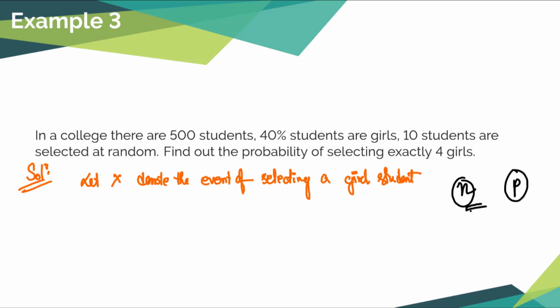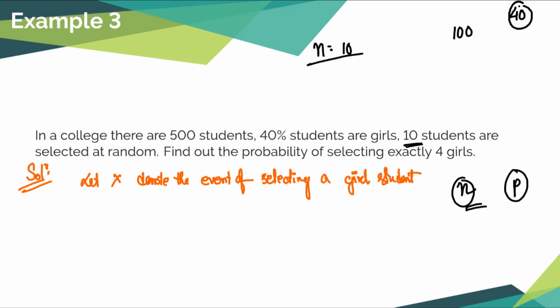Now the number of repetitions is given: 10 students are selected at random. So you have selected 10 students, so the number of repetitions will be 10. n is equal to 10 in this example. The only thing that we don't know right now is the probability of success, or the probability of selecting a girl. It is said that 40% of students are girls, right? So if there are 100 students, 40 of them will be girls, and we are interested in selecting a girl.